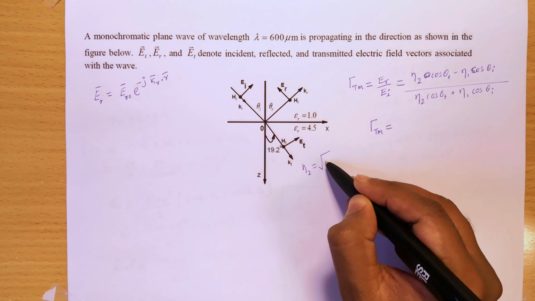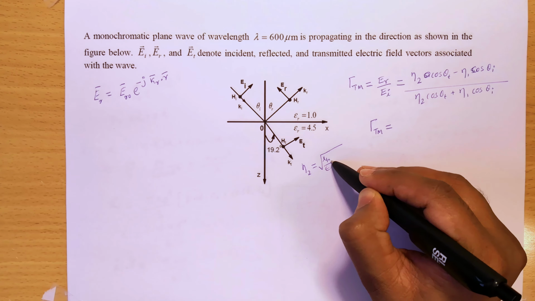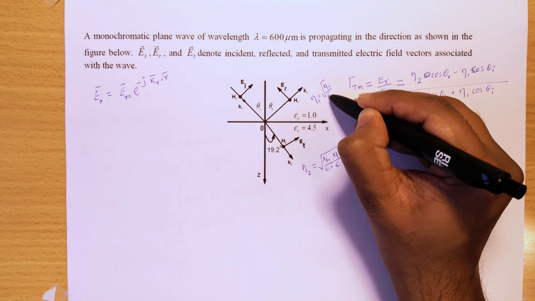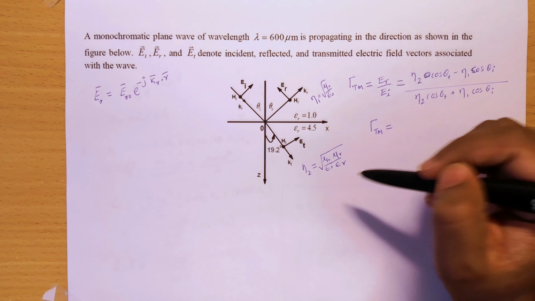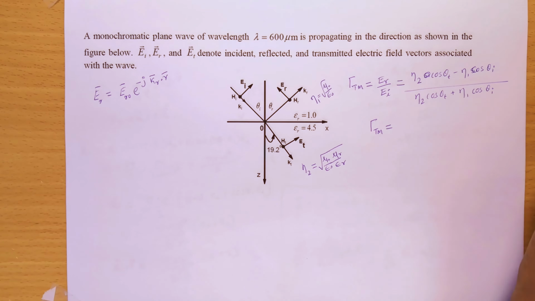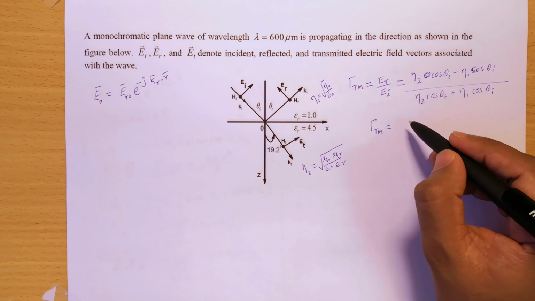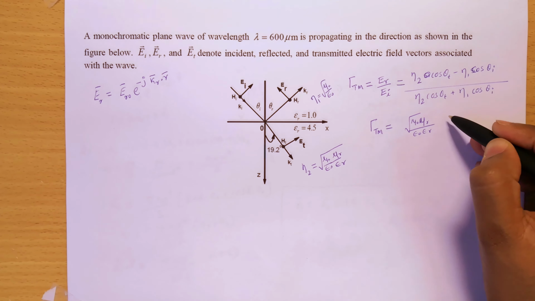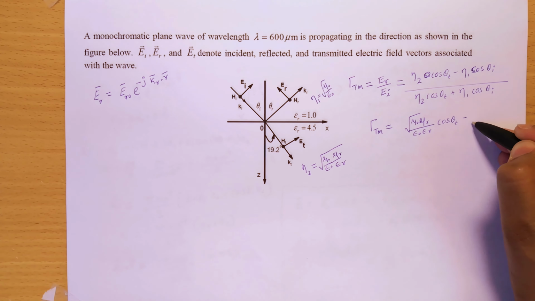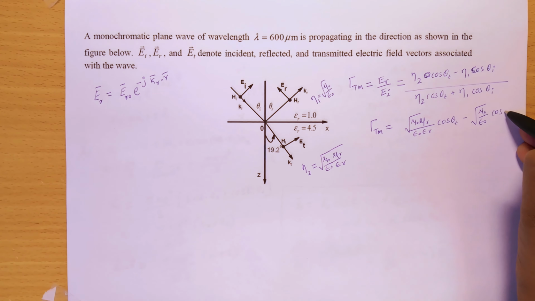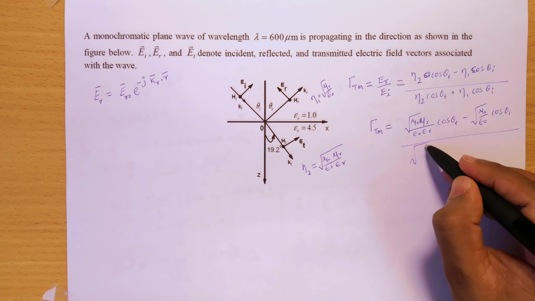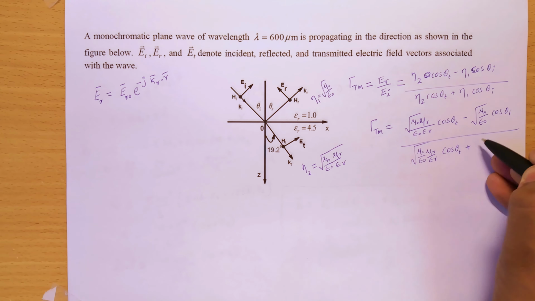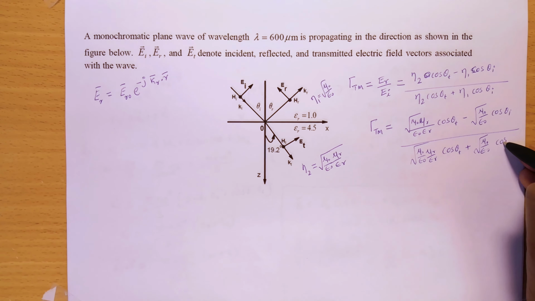So let us say this is root of mu naught mu r divided by epsilon naught epsilon r, and eta 1 is equal to root of mu naught by epsilon naught, the impedance of the respective medium. If you plug this into the given formula for a parallelly polarized wave, we get root of mu naught mu r by epsilon naught epsilon r times cos theta t minus root of mu naught by epsilon naught times cos theta I, divided by the same thing with a plus.